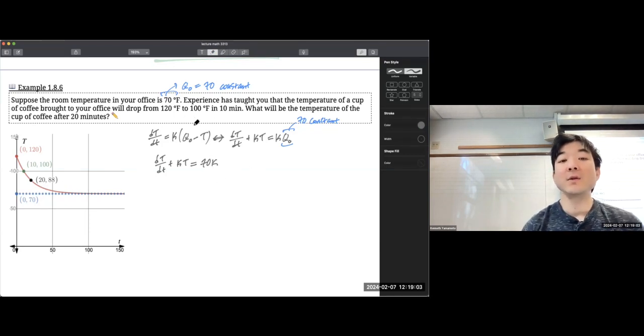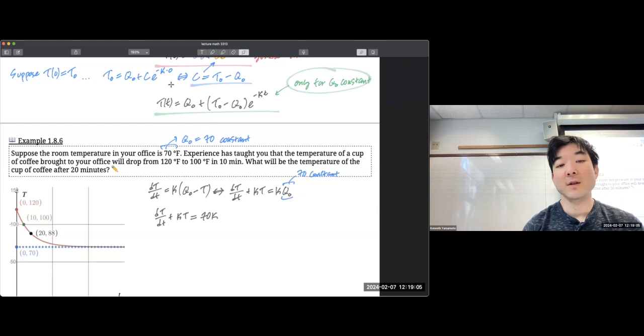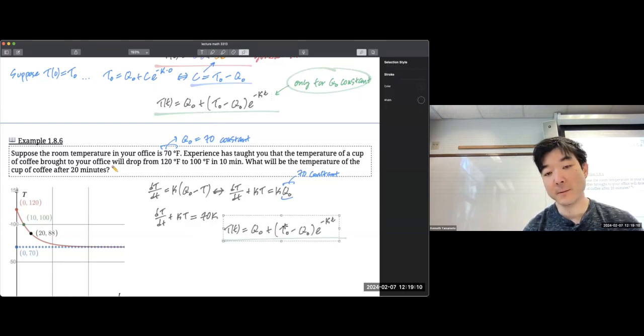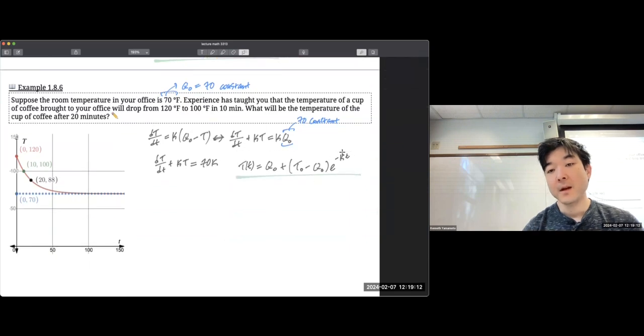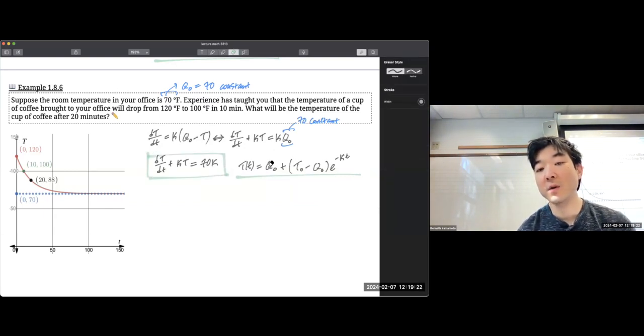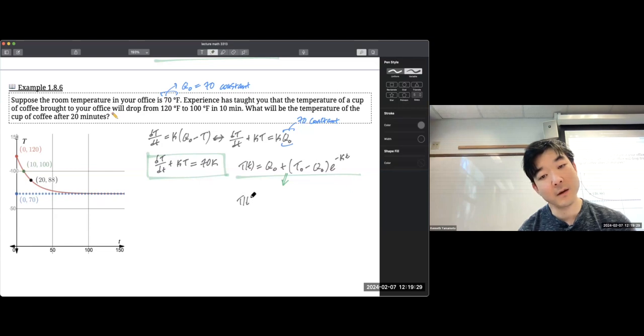We solved this differential equation before, so you can use the result that we got before. If you wanted to write the differential equation, this would be it, but we already know the solution will be like this, but with our Q naught equal to 70 plus our initial.